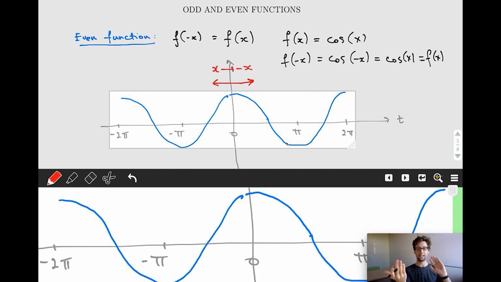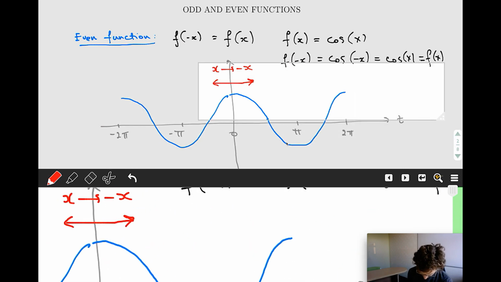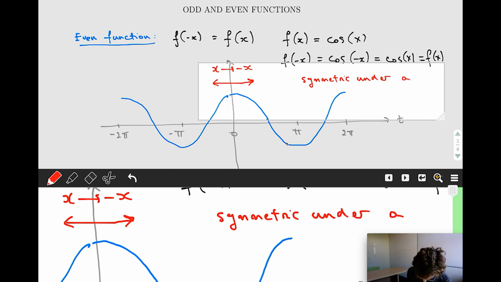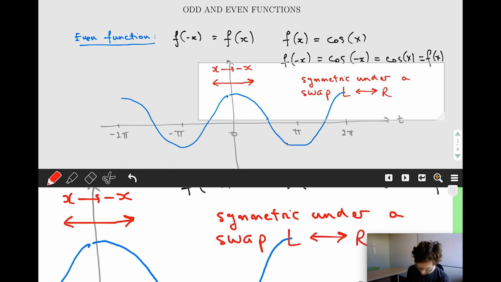This thing already is a mirror symmetric object. If I swap left to right, I get the same function. So cosine of x is an even function because it's symmetric when I swap left-right. Symmetric under a swap, left to right, and vice versa. So that's an even function.